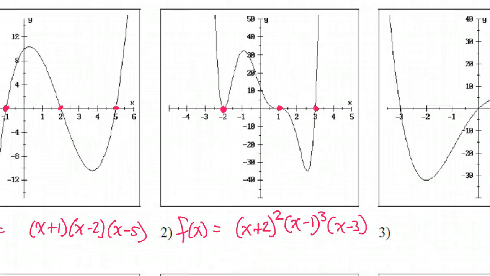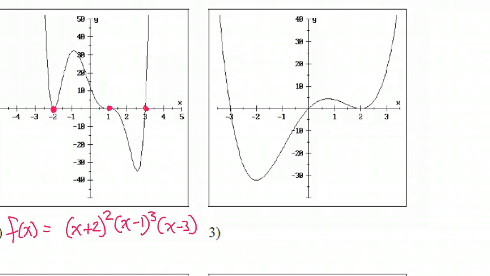Okay, looking at number 3. I have a 0 at negative 3. Okay, so that's a factor of x plus 3. I have a 0 at 0. So that's like x plus 0, all right?